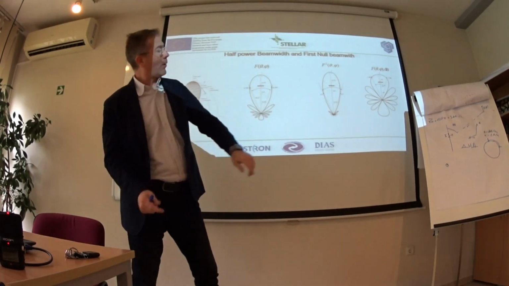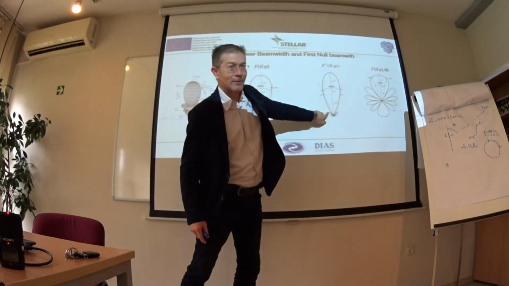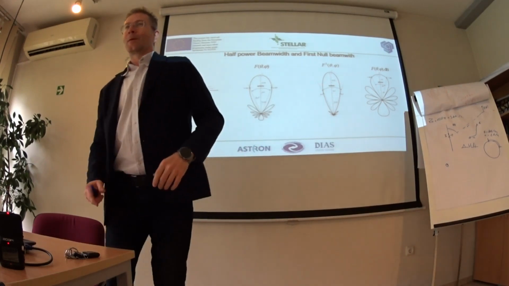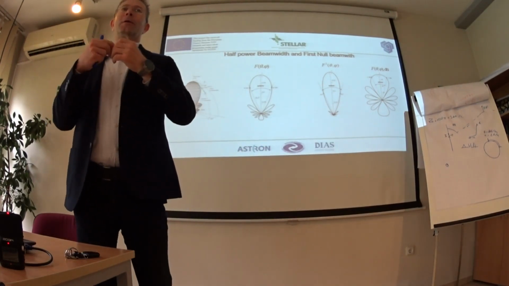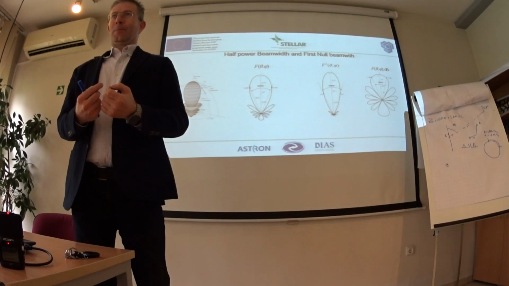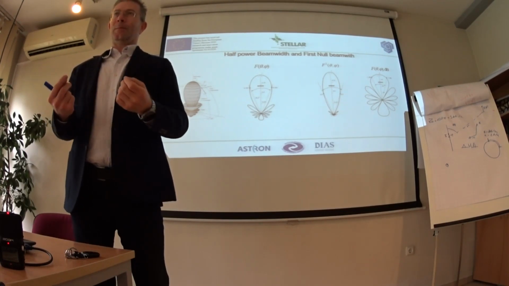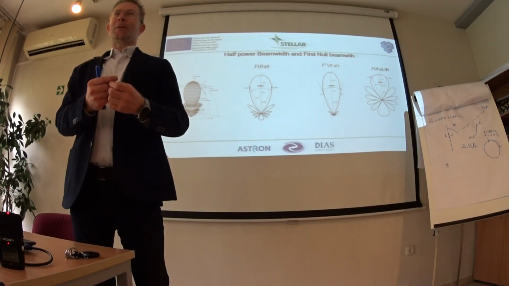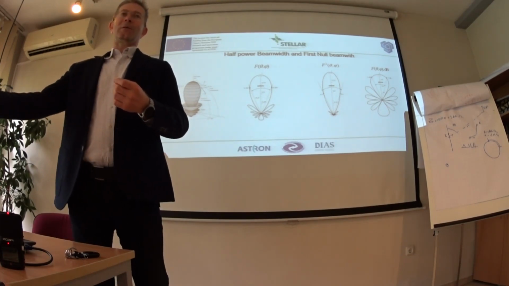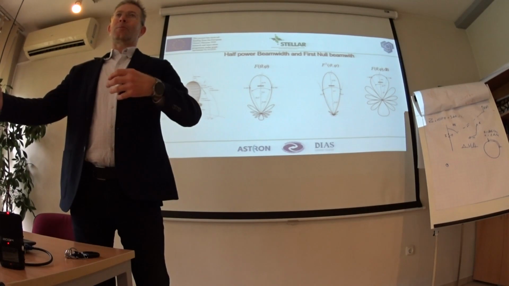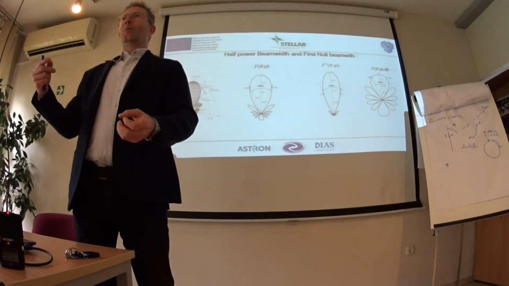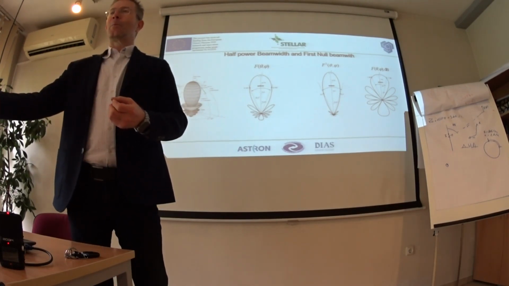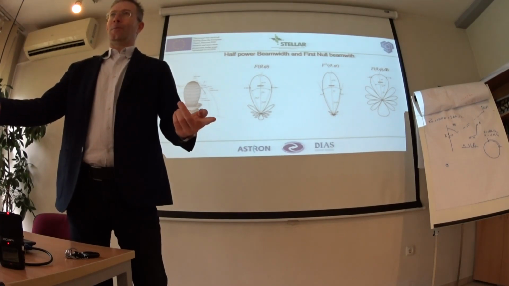But in fact, the power is much less here. Because we work easily with decibels in radio science, it's easy to say this is minus 30 decibels and this is minus 60 decibels, and in fact it will be a 1,000th and a 1,000,000th fraction of a unit.